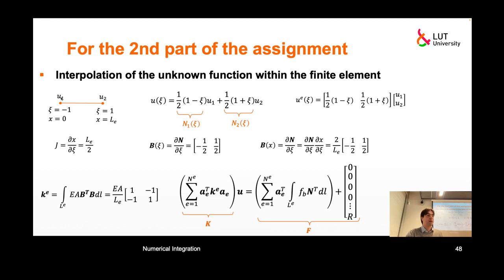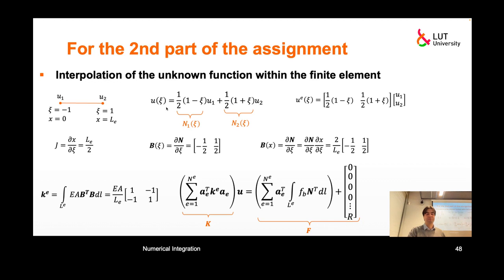Xi minus 1 at one end, xi plus 1 at another end, which corresponds to global coordinates varying from 0, for instance, to the length of the element. So which gives me this transformation matrix consisting of just one component. Depending on the transformation from which coordinate to which, it's either this value or the reciprocal value.